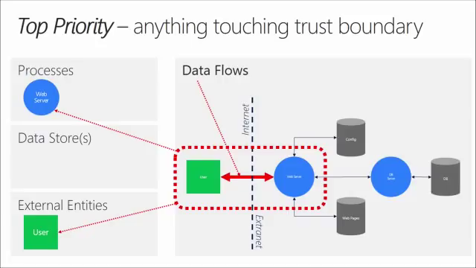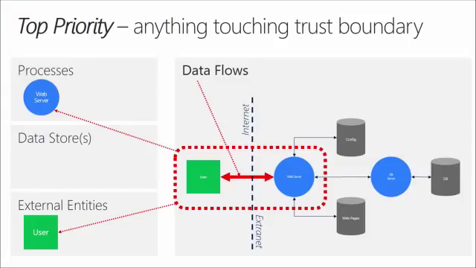And really anything that touches that, which is the data flow that crosses it between our user and our web server, and the web server on one side and the user on the other side, both of those touch that trust boundary. All of those things are the most important parts of the system to look at, because they're essentially guarding that trust boundary and ensuring that nothing can cross it, because they cross it, they're a potential avenue for an attacker to cross it.